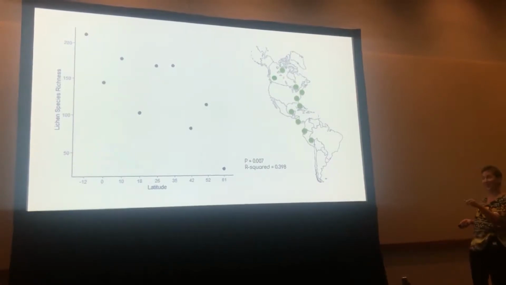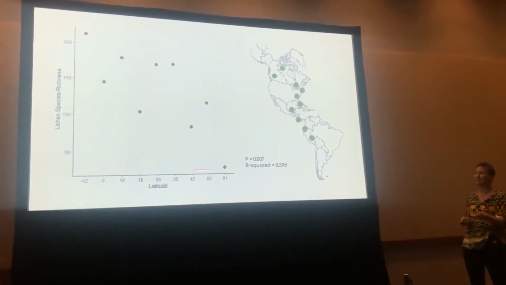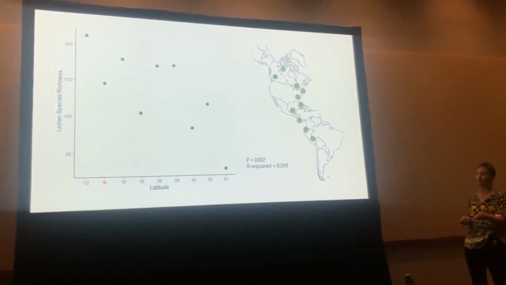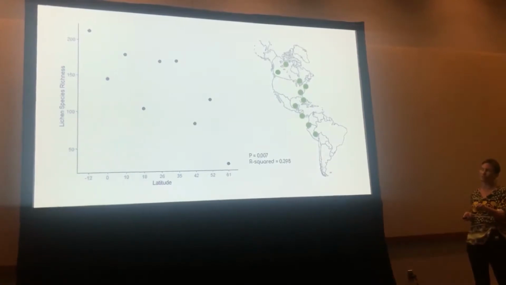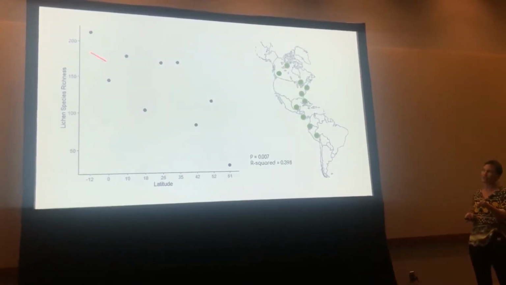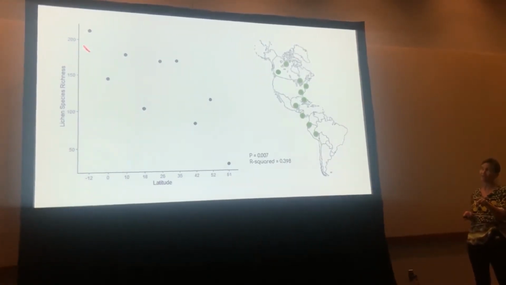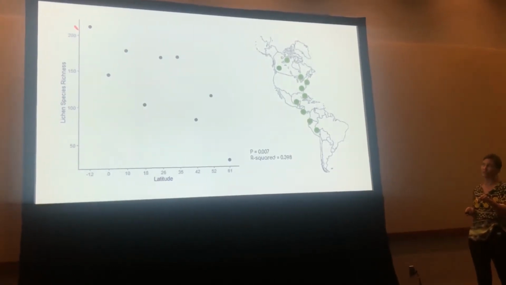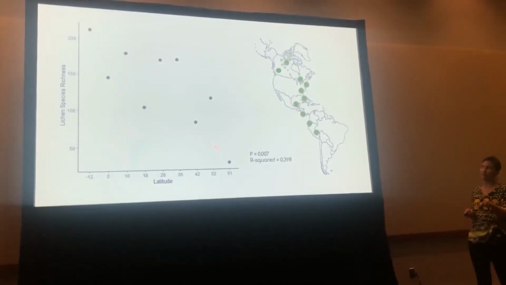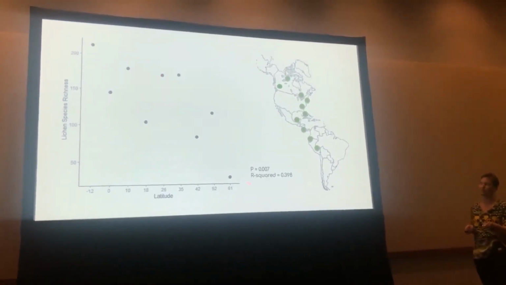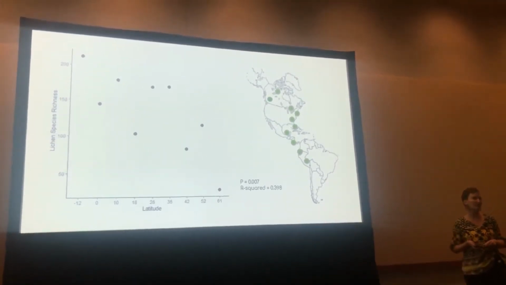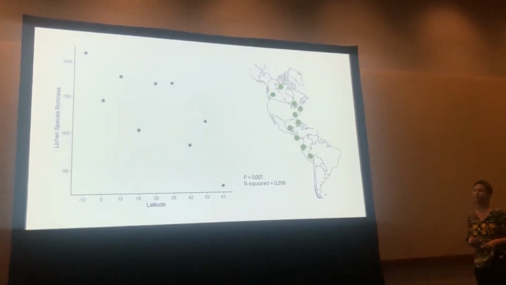But if you just look at the data here, we have latitude on the x-axis, starting at my southernmost Peruvian Amazon site at 12 degrees south, and then we have lichen species richness. And we do see generally higher lichen species richness in the tropics and around the equator, and then not quite a steady decline, but declining species richness as you go north, and certainly the lowest at the northernmost boreal site.